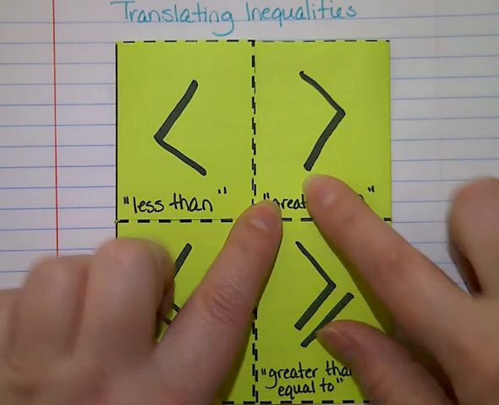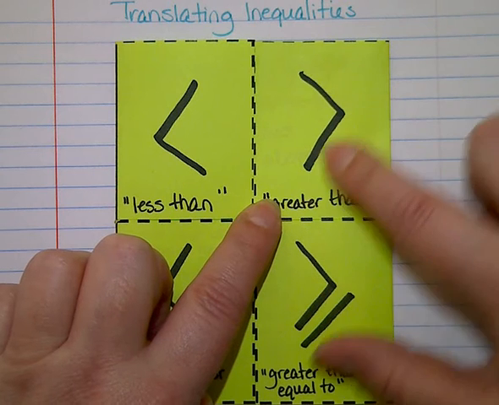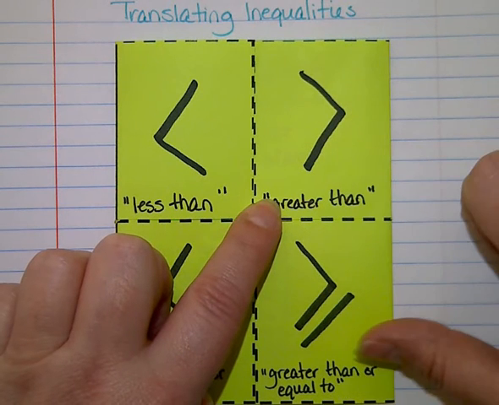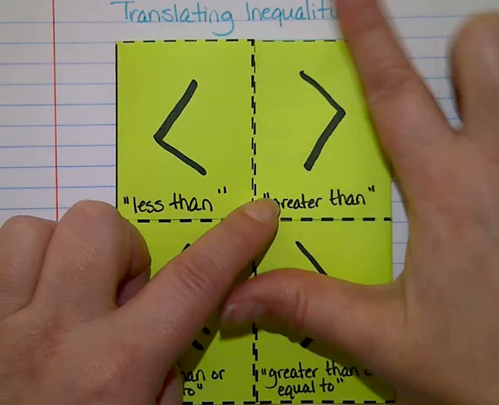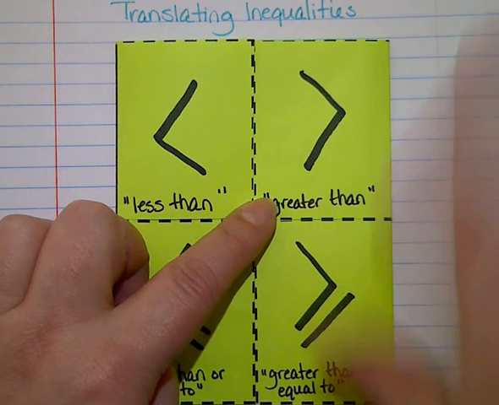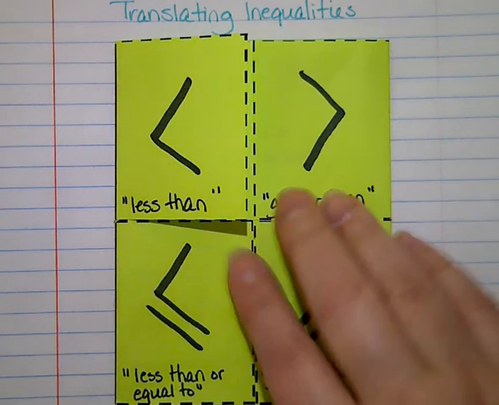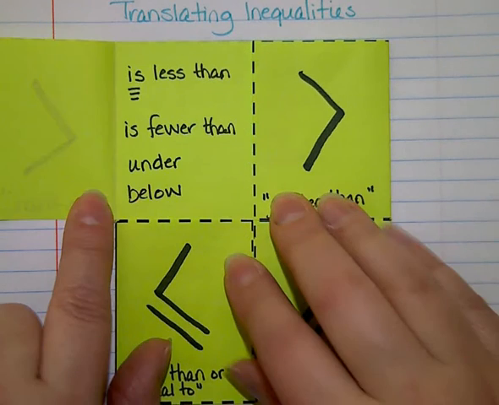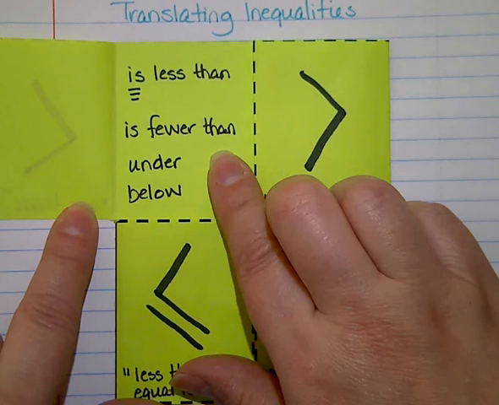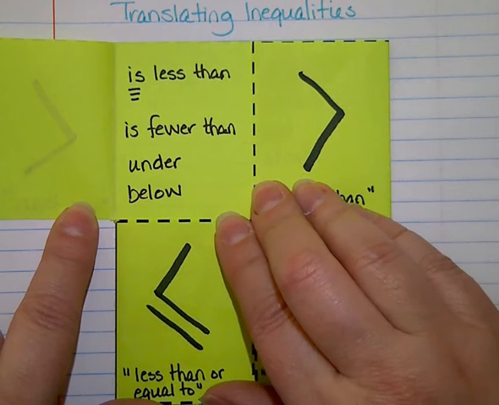Greater than. Notice if you tip your head, this does not look like an L. Okay, I can't make that, it's backwards, no L. And we have greater than or equal to. So when we brainstormed for less than, we came up with is less than, is fewer than, under, or below.